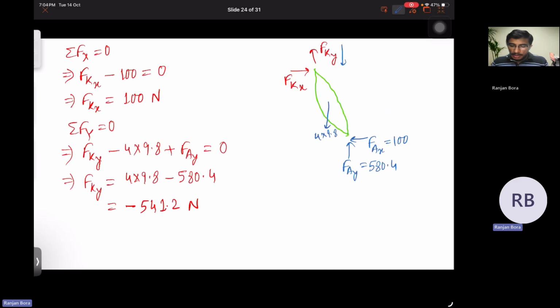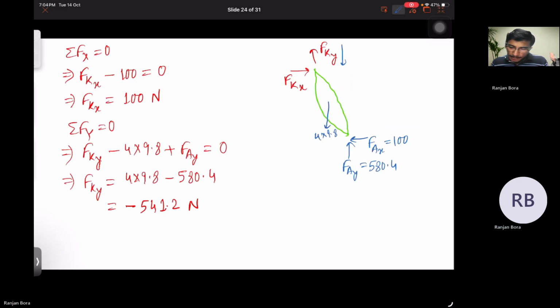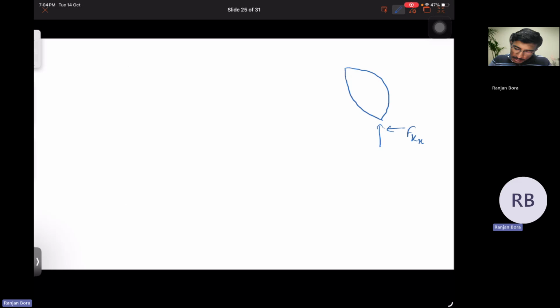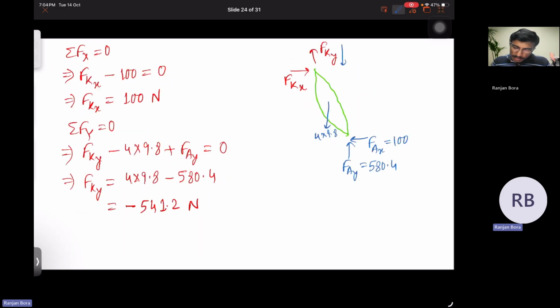Mass of the thigh is 5 kg. In the knee joint, this Fkx will act in this direction, and Fky will act in the upward direction, and the weight of the thigh is 5 into 9.8.